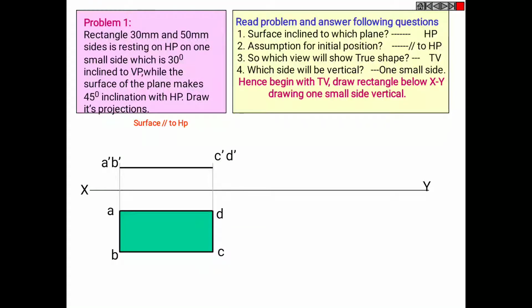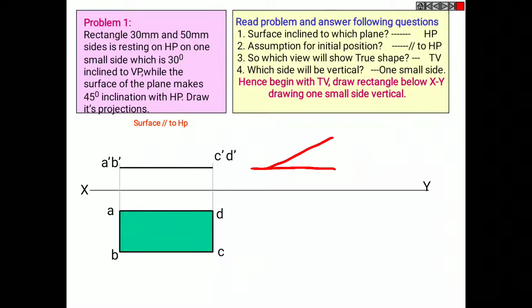Now it says that a small side is 30 degrees inclined to VP. Draw a straight line from here with a 30 degrees inclination. So drawing a straight line over here with the 30 degrees inclination and taking the projections from that, we need to make a rectangle in this.